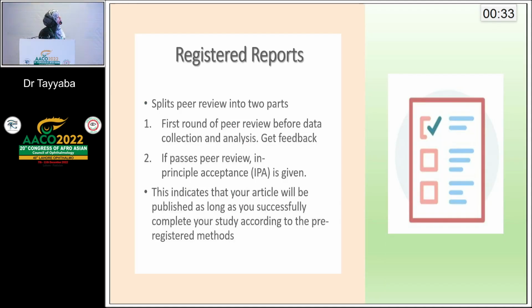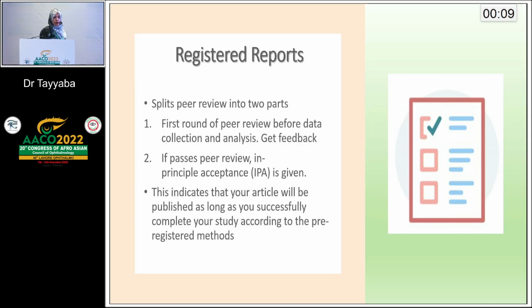Registered reports, very uncommon, very rare. In this case, the peer review takes place in two parts. In the first part, the data which is collected is sent to the journal and they give feedback. If it is accepted, the data is then sent back to the author.